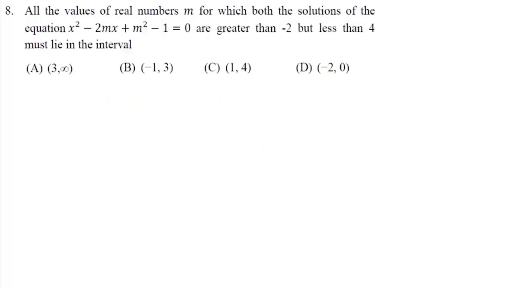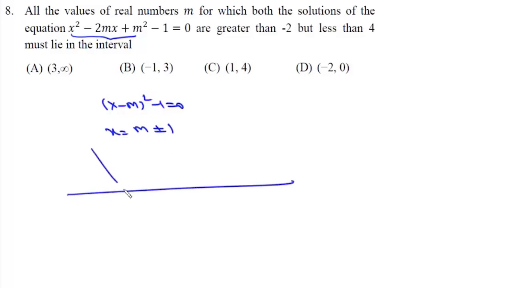Now question number 8 is: all the values of real numbers m for which both the solutions of the equation are greater than minus 2 but less than 4 must lie in which of the following intervals. Now if we look at this equation, this is a square plus b square minus 2ab. So we can write this as (x minus m) whole square minus 1 equals 0, or the value of x is m plus or minus 1. So the two roots of this quadratic equation are m minus 1 and m plus 1.